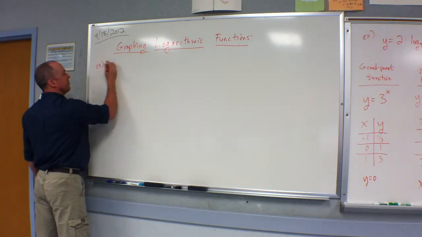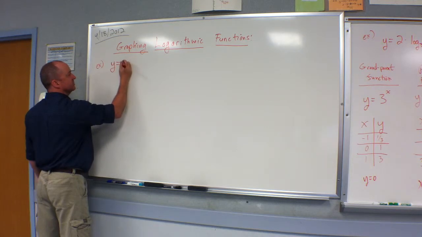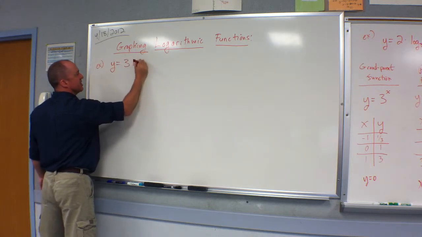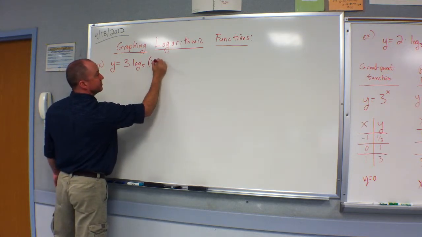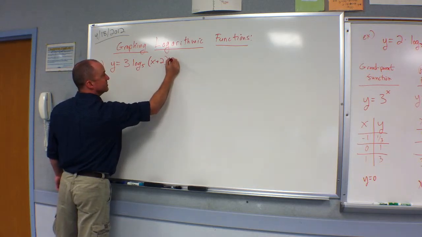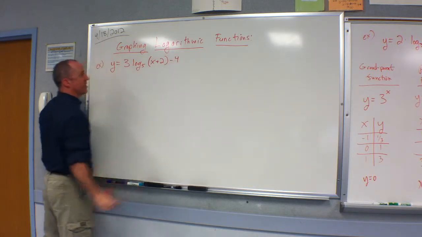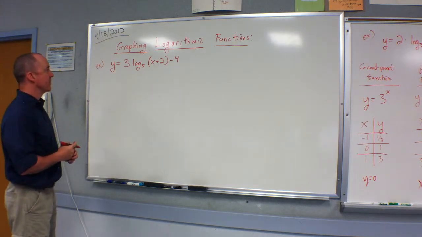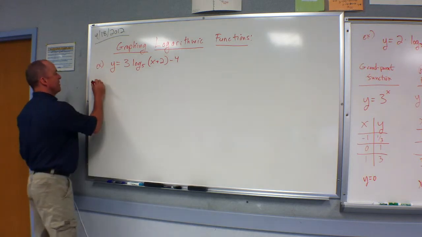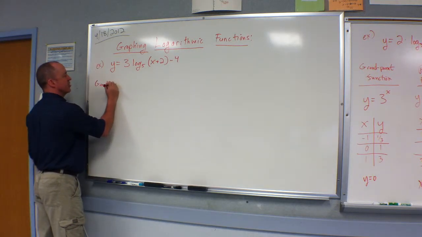New example. Y equals 3 times the log base 5 of x plus 2, minus 4. Think that's ugly enough for now? Without a calculator? Okay. Grandparent function.